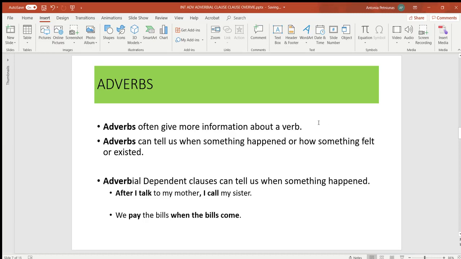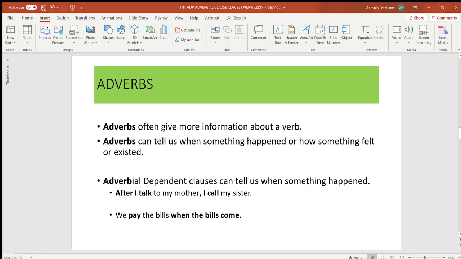When. You felt bad when. You ate cheese where. Okay? Adverbs can tell us when something happened or how something felt or existed. How did he feel? He felt sad. That's how he was feeling.